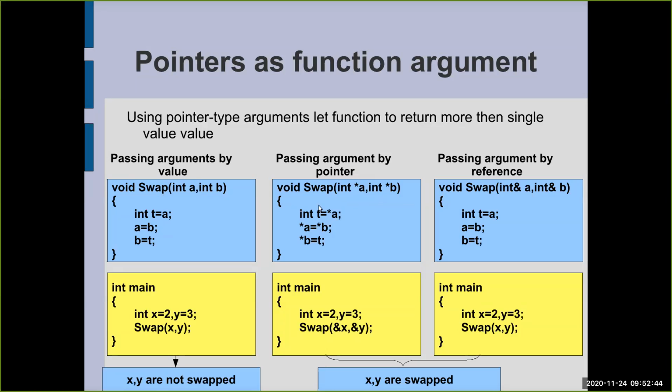Two new variables, pointers, are created, and the values of the addresses of x and y are copied to particular arguments. But if the value is bigger than, let's say, 4 or 8 bytes, the execution time is still the same, because we copy only pointers, not values.